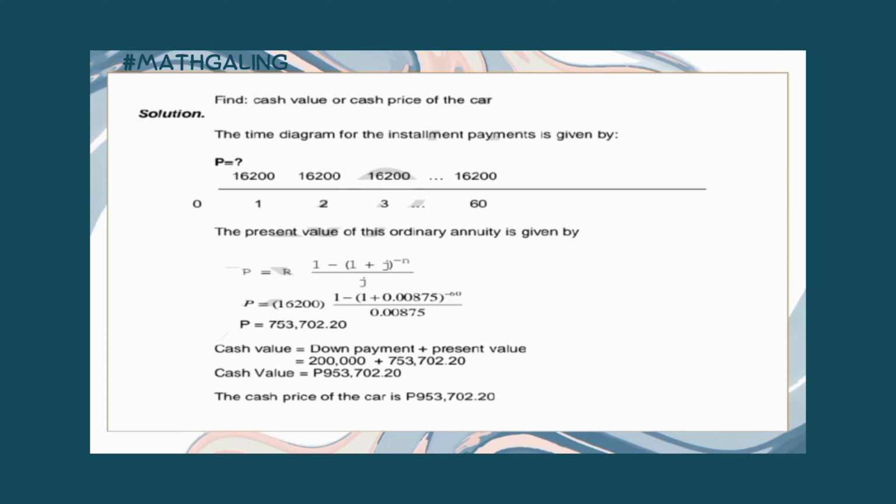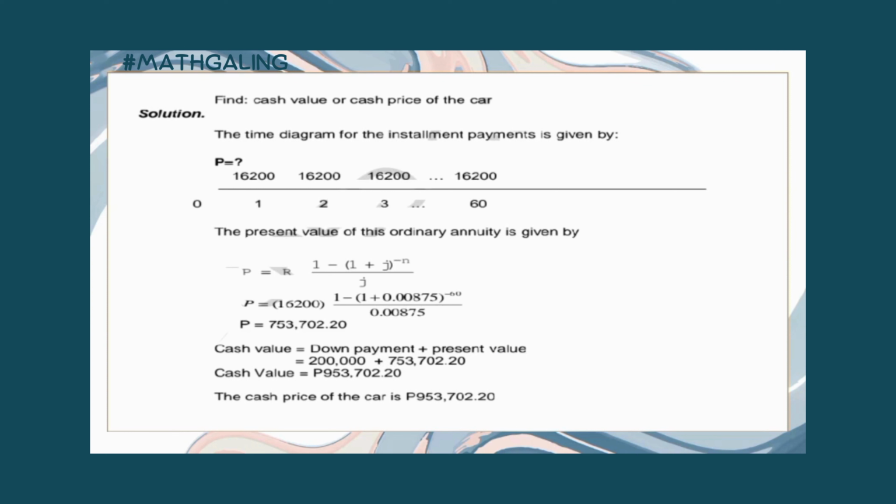753,702.20. So the cash value is equal to down payment plus present value, equals 200,000 plus 753,702 and 20 centavos.